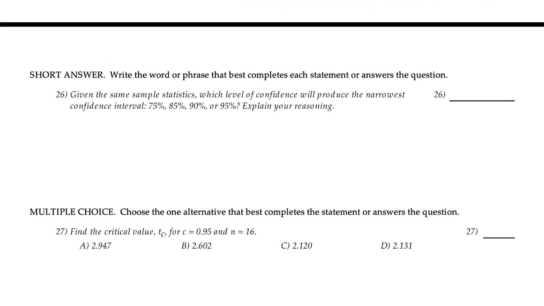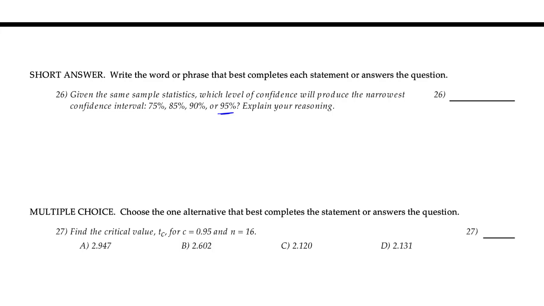Okay, given the same sample statistics, which level of confidence would produce the narrowest confidence interval? 75%, 85%, 90%, or 95%? Okay, so remember, if you have the same sample statistics and you want a higher level of confidence, then you're going to have to open up the interval so you give yourself more leeway.